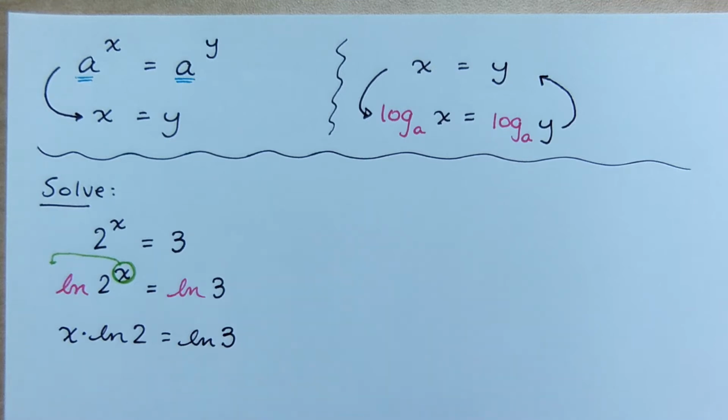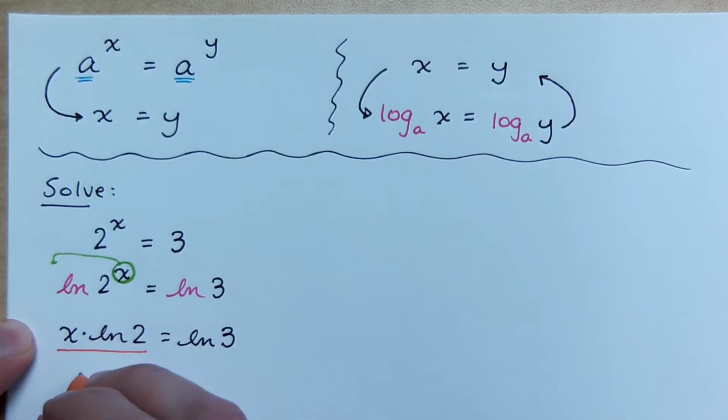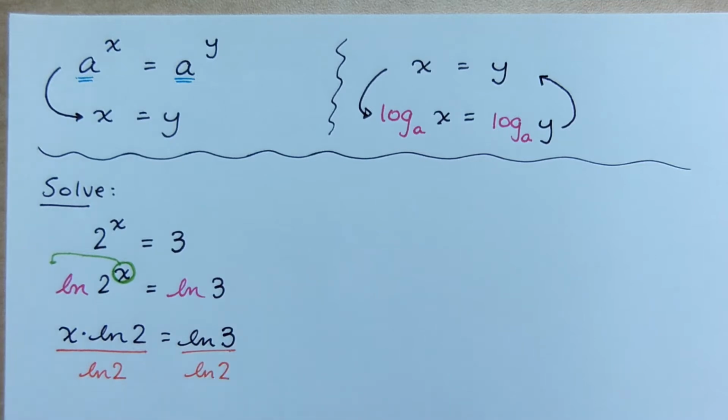Right, these are known values. Natural log of 2 is a constant. It may not look pretty, and you might see that there are some letters in that expression, but this is just a number. So how do you get x by itself? You divide by that number that doesn't belong, which is the natural log of 2. That natural log of 2 is a single entity.